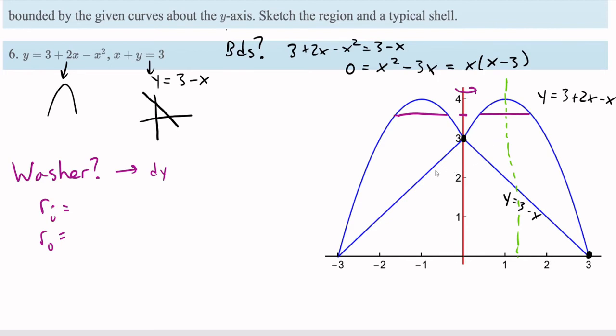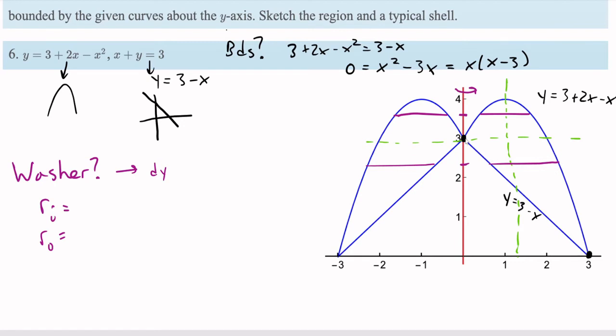On top of that, I would then end up having to split this another time, because watch what happens right here. I'm going to keep doing my washer. Here is another y value, and I have another scenario now where I have an inner radius hitting this line and the outer radius hitting this function.